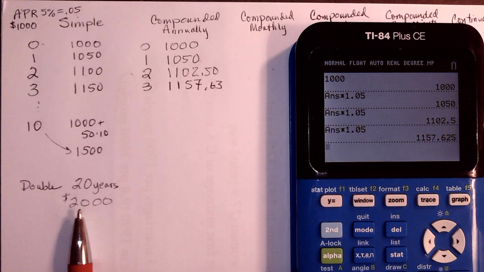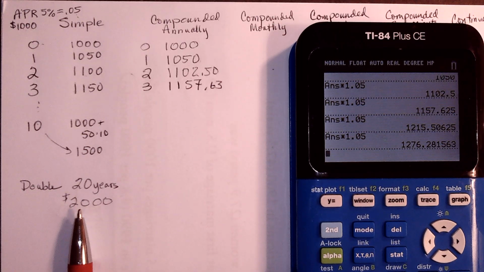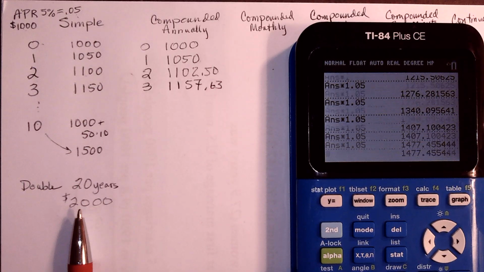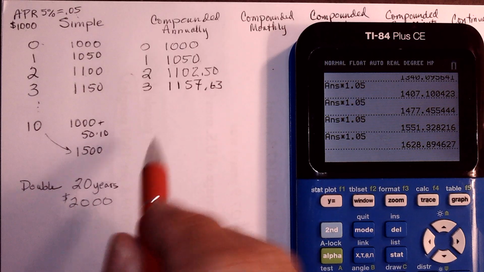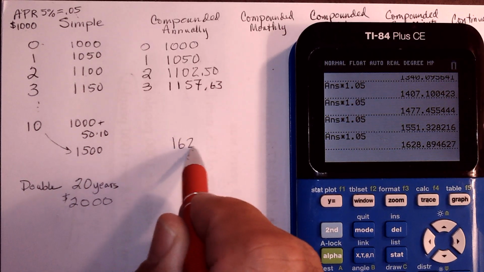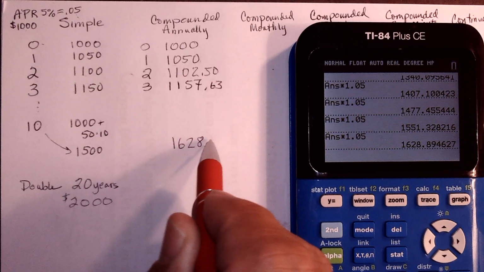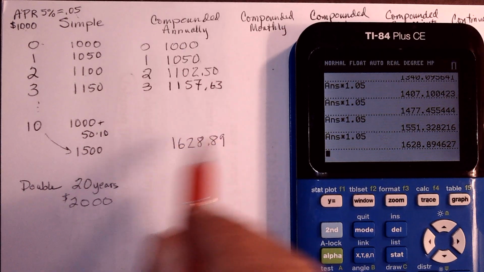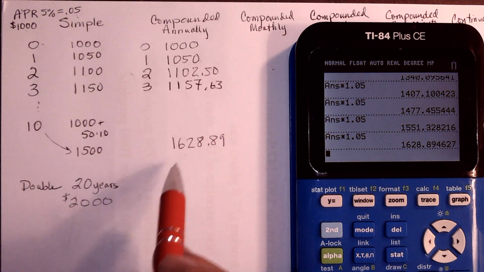And if I go to 10 years, that's 3, enter, 4, 5, 6, 7, 8, 9, 10. I'd have $1,628.89 in 10 years.